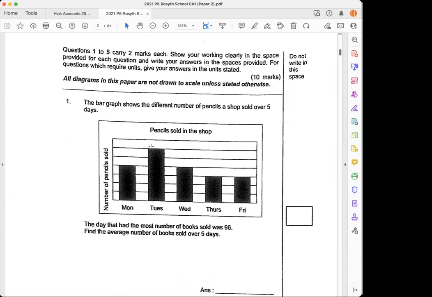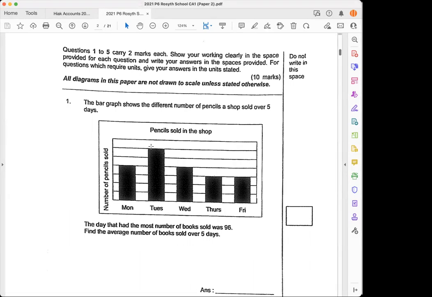Question 1. Whenever a question involves a table or graphs, what you should do is to indicate the value of the line graph, the bar graph, or the bar chart or pie chart, everything onto the question paper.